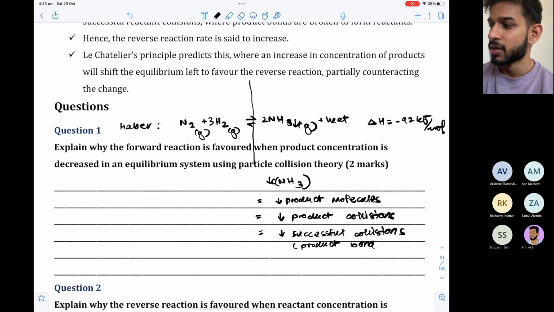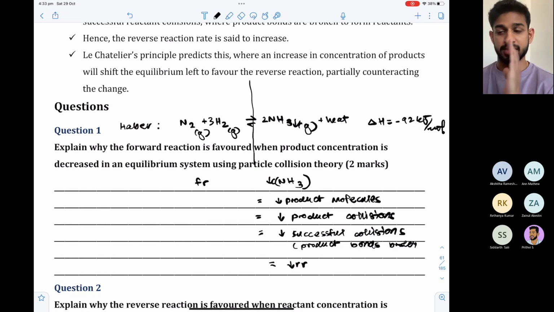So guys, now I want you to tell me, we've said there's going to be a decreased reverse reaction. There is a fixed forward reaction that hasn't changed. When you have a decreased reverse reaction and relatively an increased forward reaction, which direction is the equilibrium going?